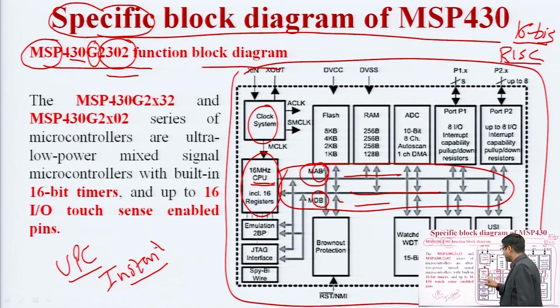It has 16 registers; we will see in further lectures what the various registers available in the MSP 430 are. There is also a flexible clock system, which means that there are three types of clocks in the MSP 430: the master clock, the auxiliary clock, and the sub-main clock. To trigger a particular block, there is a separate clock.